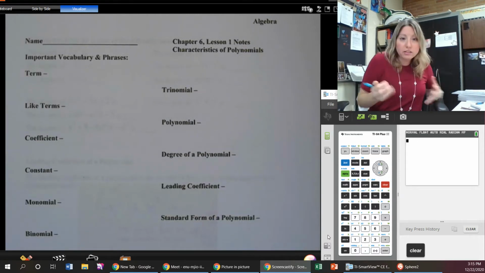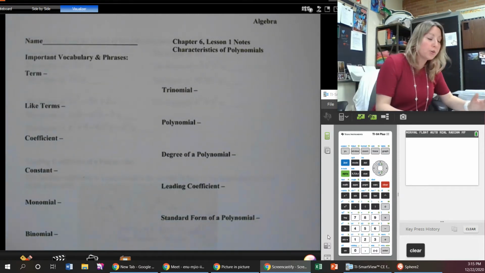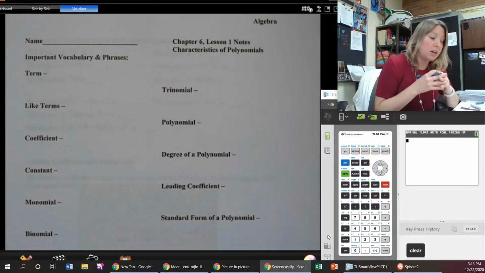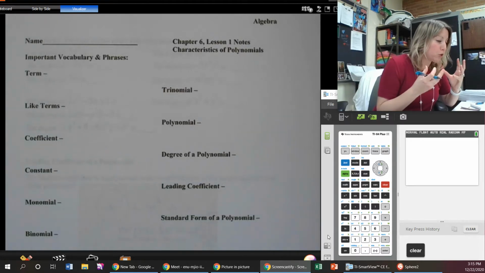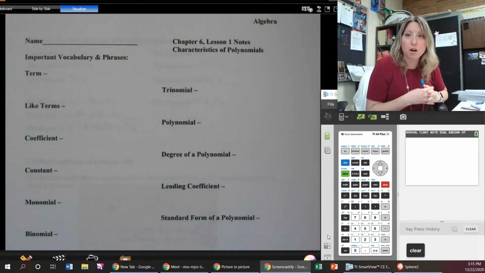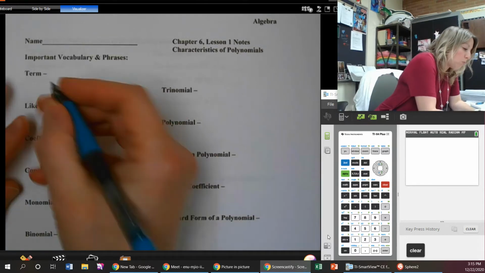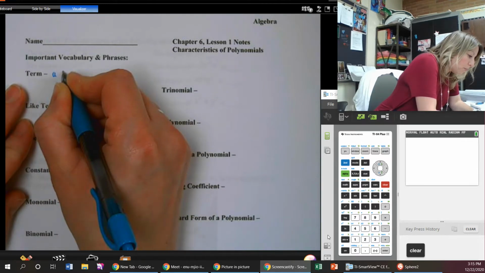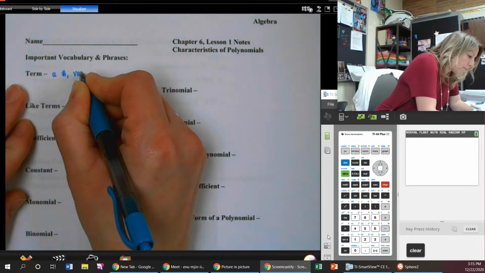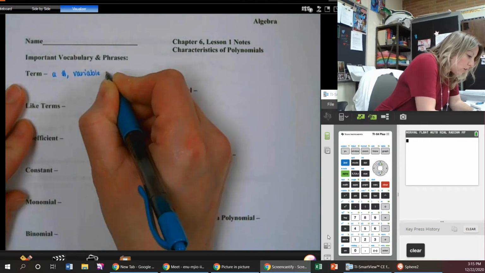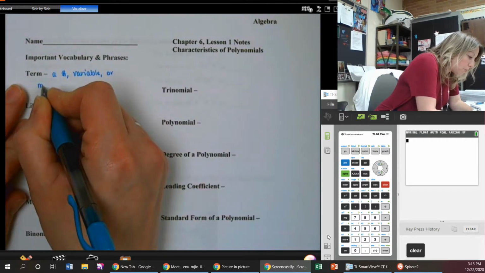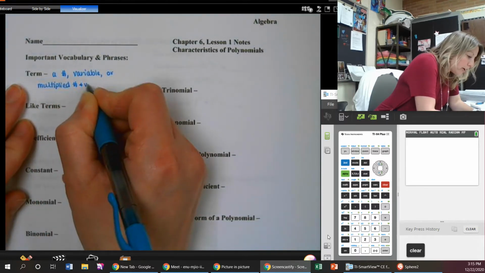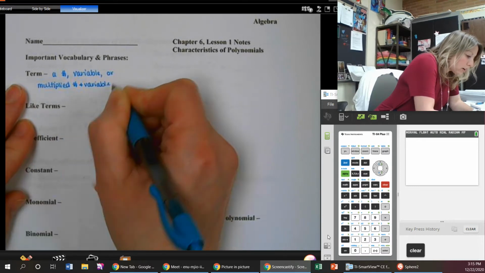There are lots of vocabulary terms here. A term is a multiplied piece. It is your specific piece of a polynomial. So a term is a number, variable, or multiplied number and variable combo.